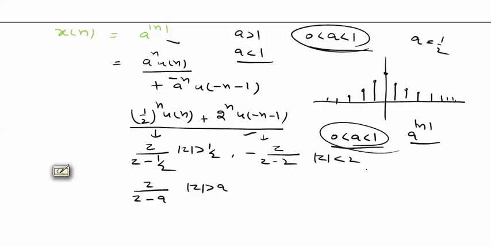In the case we took half, the ROC is in the range half to 2. In the generalized case, it is a variable, then minus z upon z minus 1 upon a with negative sign. ROC is less than 1 upon a.